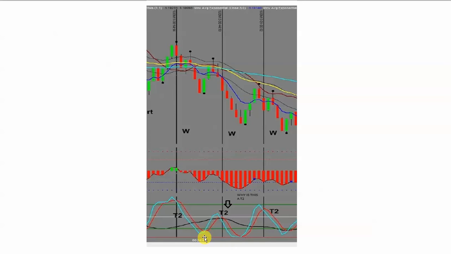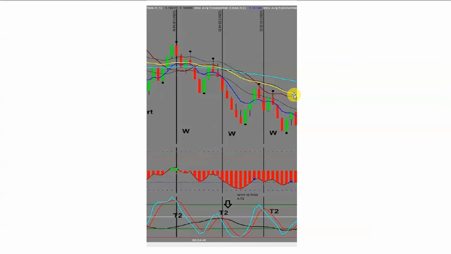Now one thing you will notice here, that this T2 sets up on the first candle. As I always say, traders, these recordings are always unedited, unscripted, and this one here you can see is on the third candle. This T2 is on the second candle. So if anything, this is a later entry than say this one or this one.